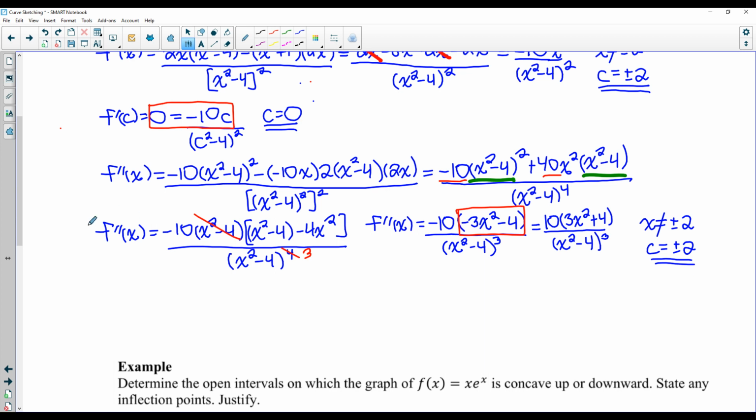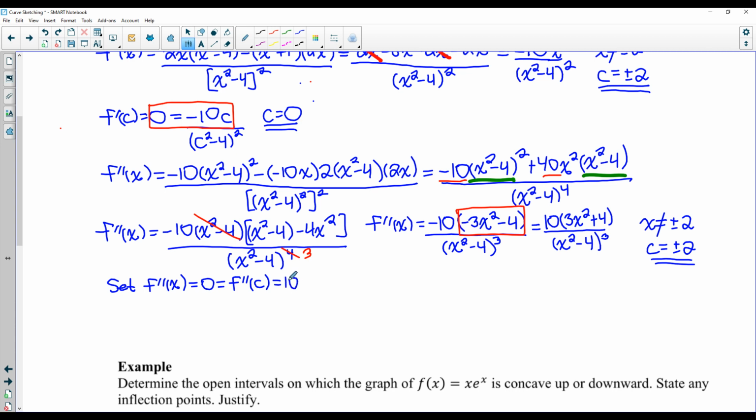Now the other one is we would just set f double prime of x equal to 0. We'll call that f double prime of c.